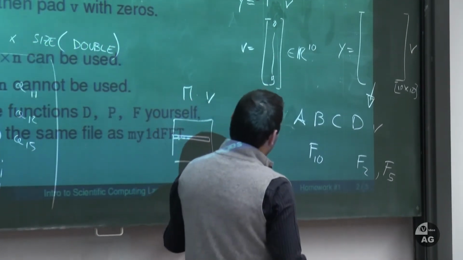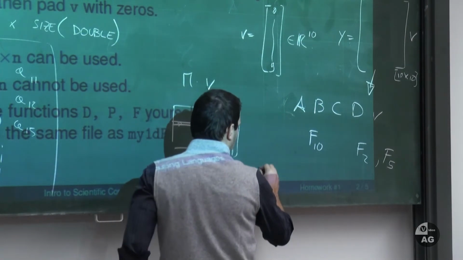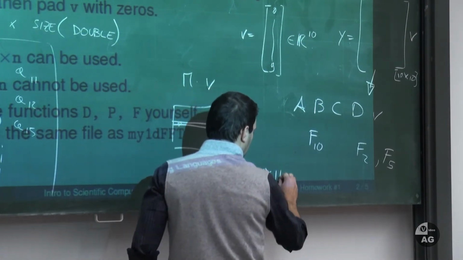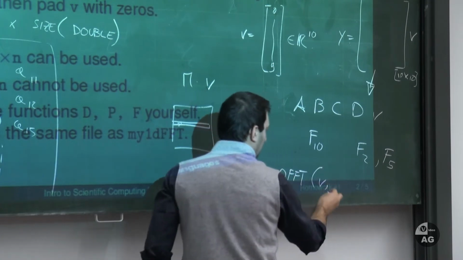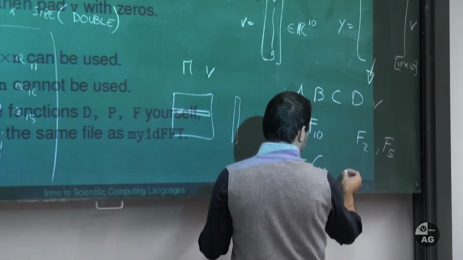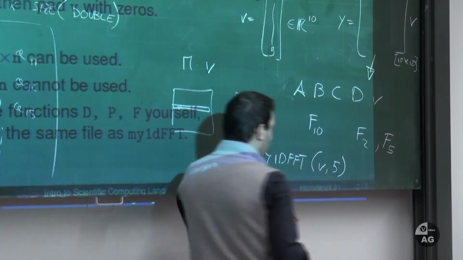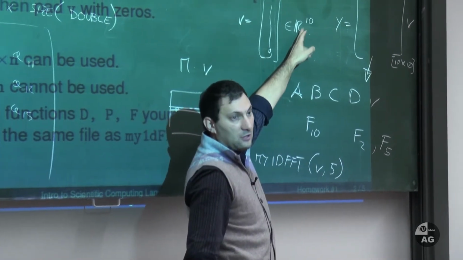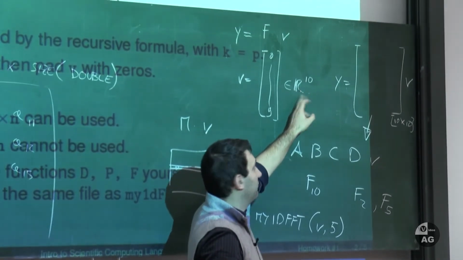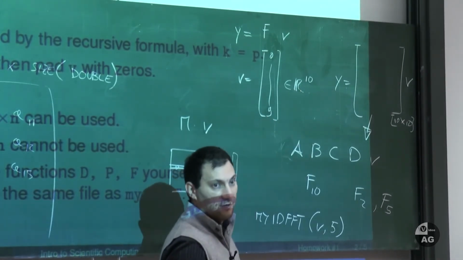Now what I'm saying is, what happens if I say my 1D FFT of a vector and 5, but my vector v, of length 10, is not divisible by 5? It's not a multiple of 5.